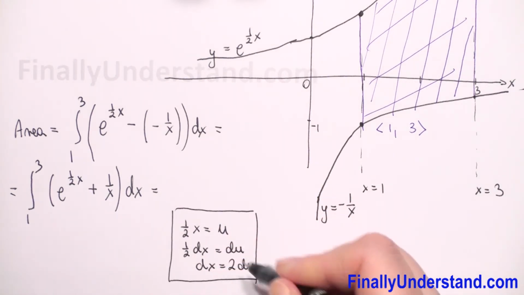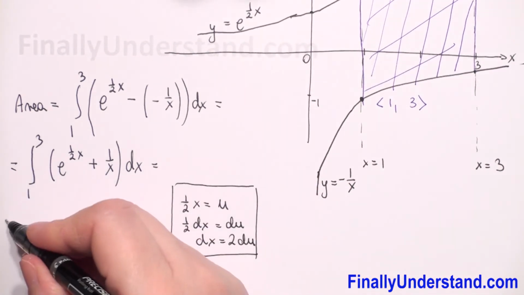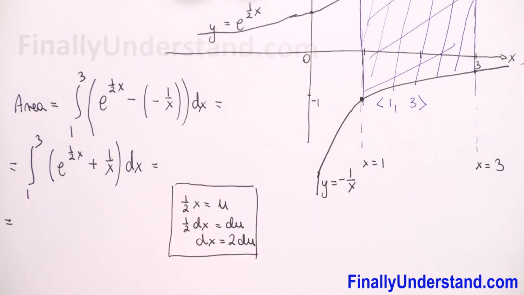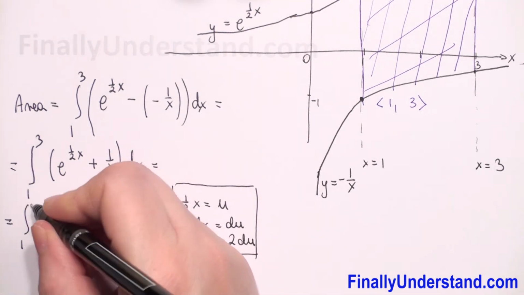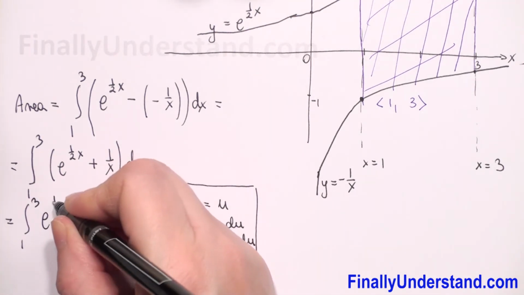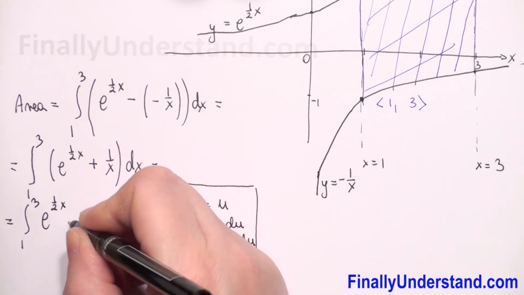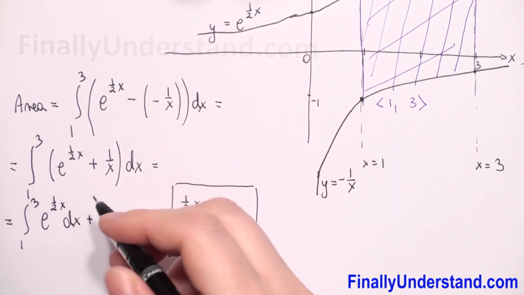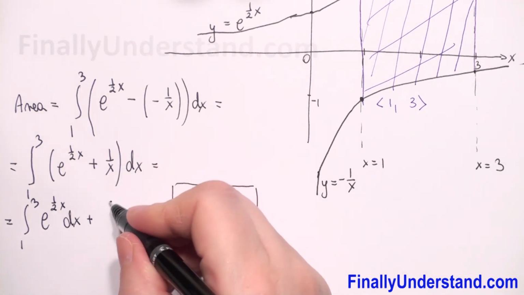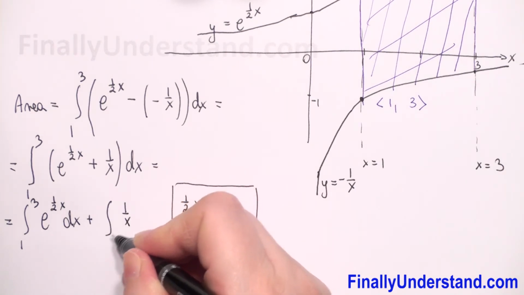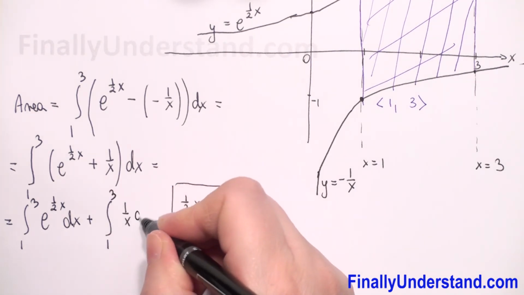So our integral we can rewrite as a sum of two integrals. From 1 to 3 it will be e to power 1/2 x dx plus the integral of 1 over x from 1 to 3 dx.